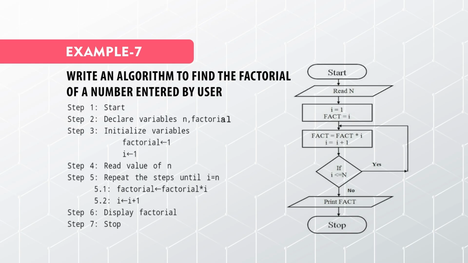Fact is equal to fact into I, so earlier value of fact was 2, so 2 into 3 is equal to 6. Now I is equal to 3 plus 1, 4. 4 is greater than 3, so it will come out of this loop and will print fact. The fact is equal to 1 into 2 into 3, that is equal to 6. So this is how you map an algorithm to a flowchart.